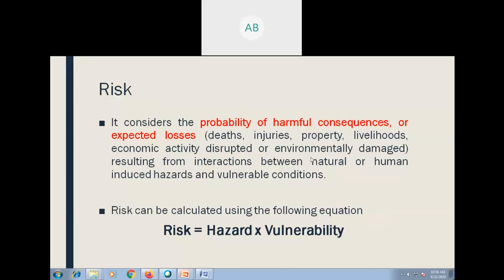Risk is nothing but hazard multiplied by vulnerability, and risk can actually be quantified. Quantified means you can visualize or express this in terms of numbers.